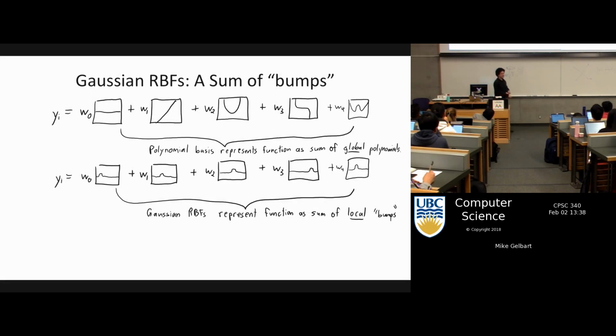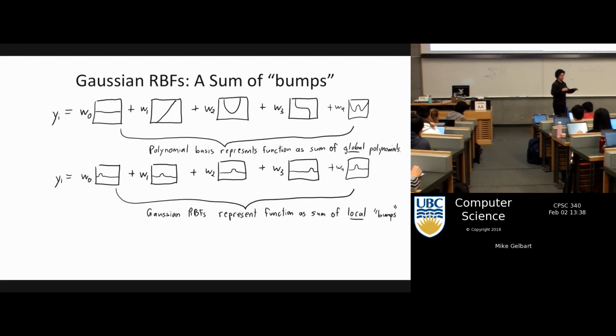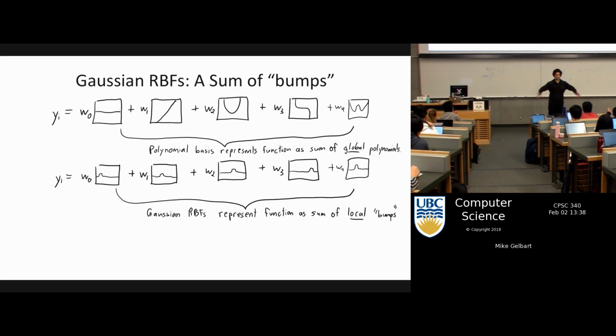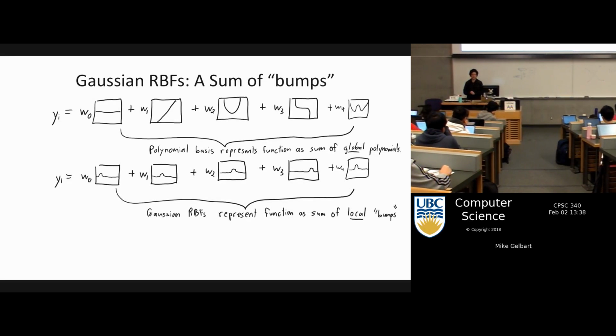Basically the idea is that the functions that we're adding up are little bumps centered around the training points. So this polynomial thing was global. It just says I have this much parabola, this much cubic, this much line, and I'm just adding them all up everywhere. Here the basis functions are local, saying I have a little bump around this training example, a little bump around this training example, and I'm going to add them up.